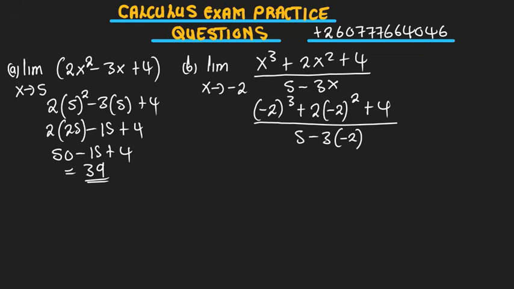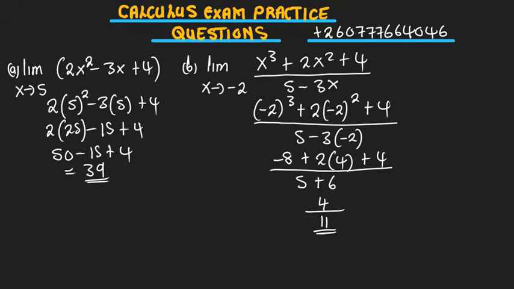So this is going to be -8 plus 8 plus 4, all over 5 plus 6. So -8 plus 8 plus 4 is going to give us 4, all over positive 11. That is how you solve the second question.